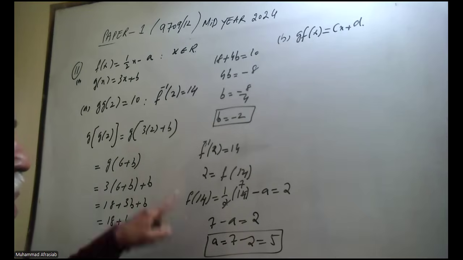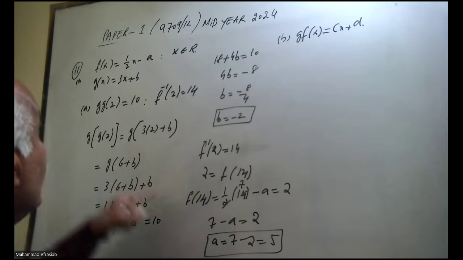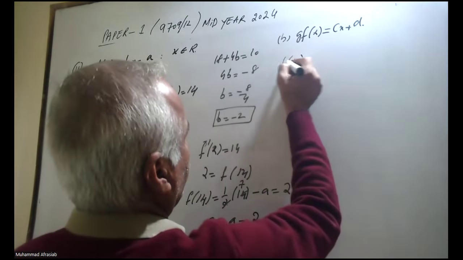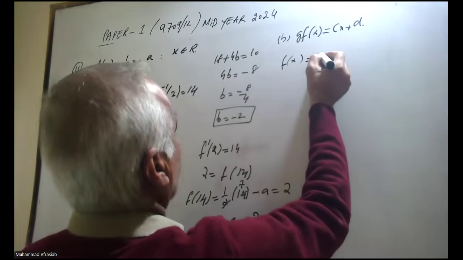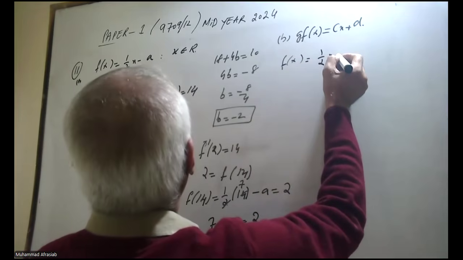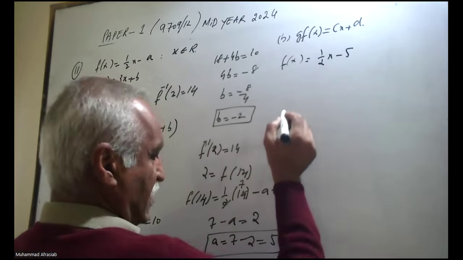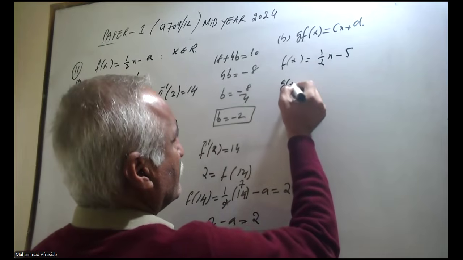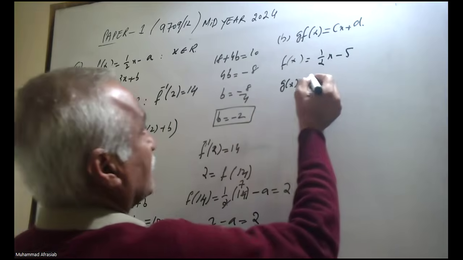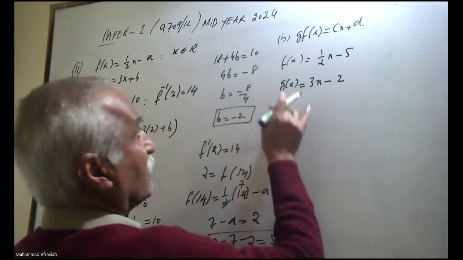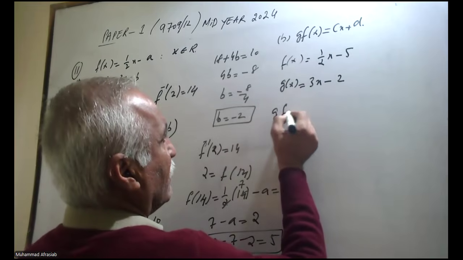Since b is minus 2 and a is equal to 5, so f of x is equal to half into x minus 5, and g of x equal to 3x minus 2. And you are finding now g f of x.